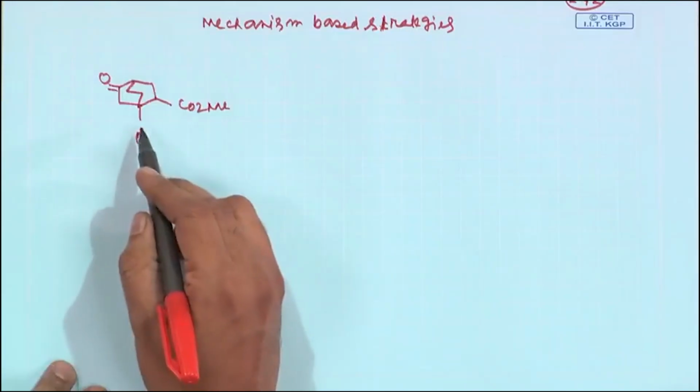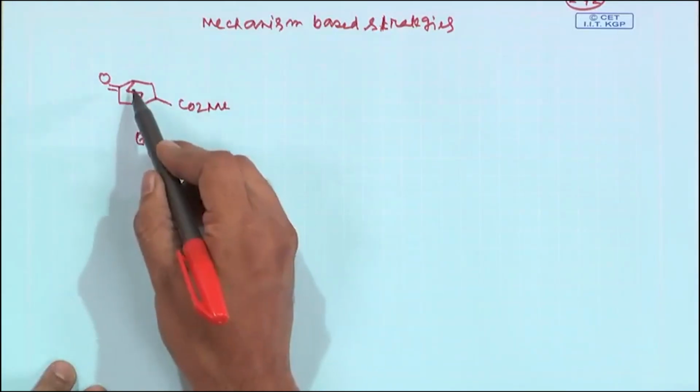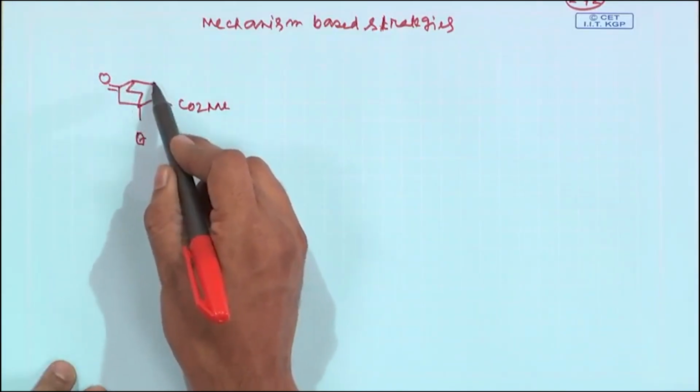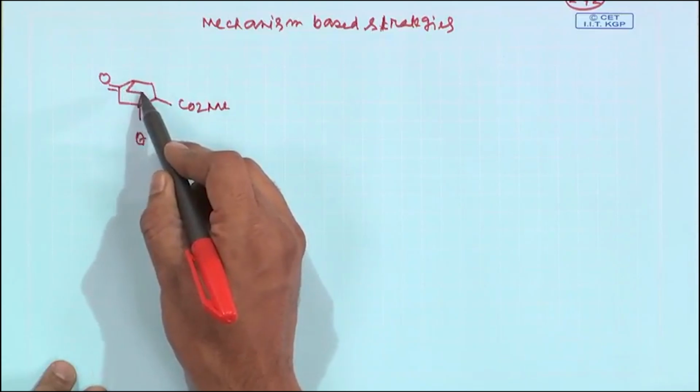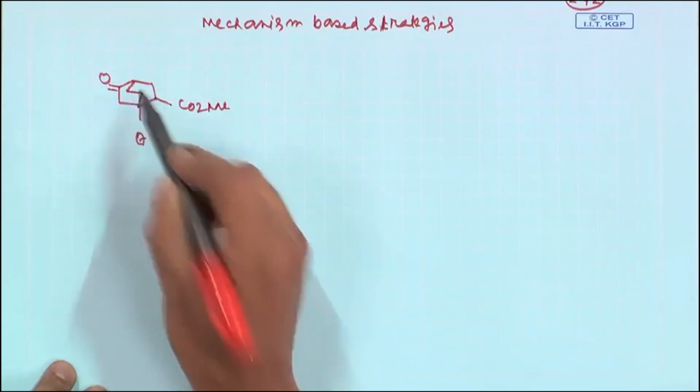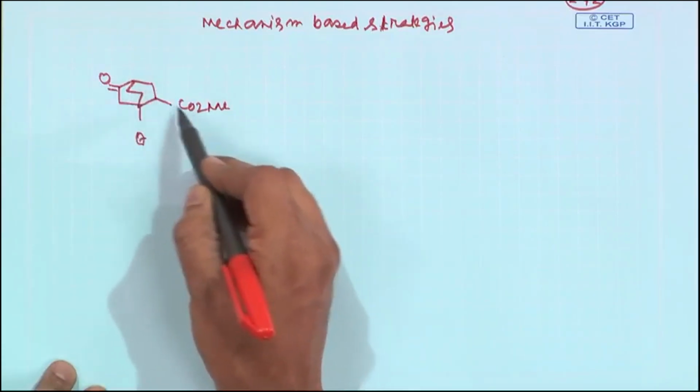Now, initially the problem which I will be analyzing is a very straightforward problem. A target molecule was given to you, whose structure is this. It is a bridged bicyclic compound. A cyclohexane is the core structure. You have a two-carbon bridge, CH2 CH2, and at this end you have a CO2Me.